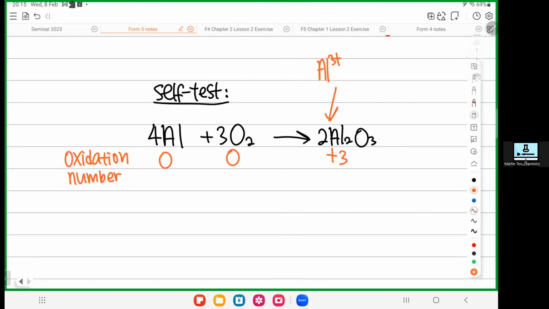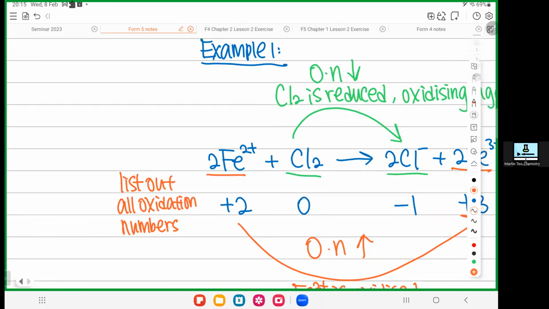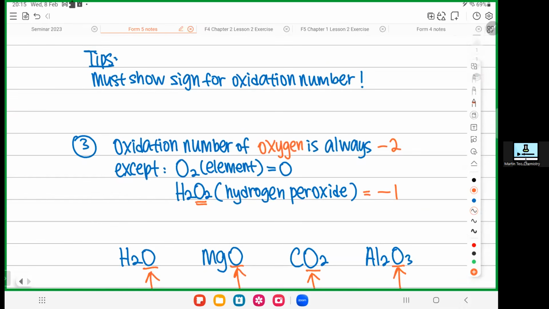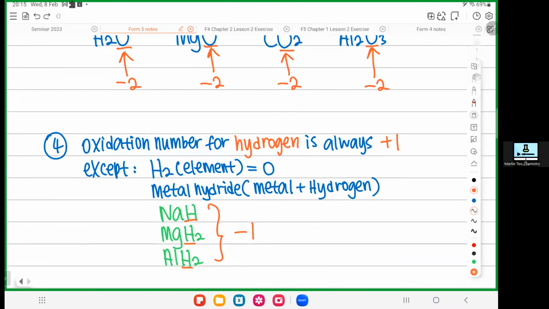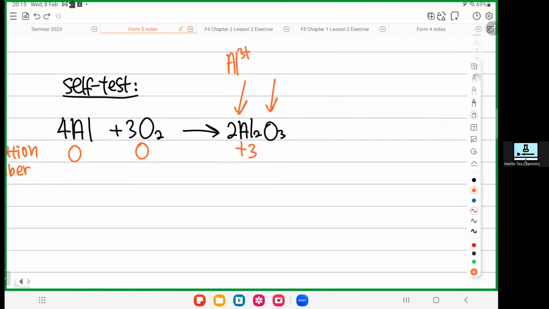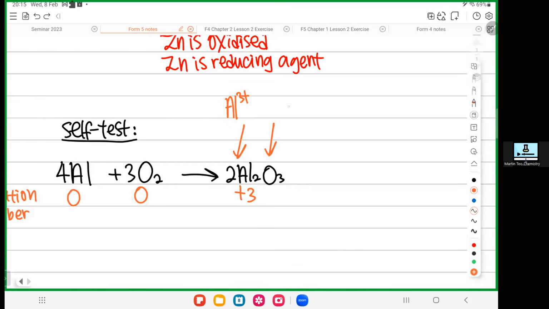What is the oxidation number for the oxygen here? Very good, -2, because according to rule number 3, the oxidation number for oxygen should always be -2. It's true because we know the charge of oxygen is O2-, so the oxygen should be -2.